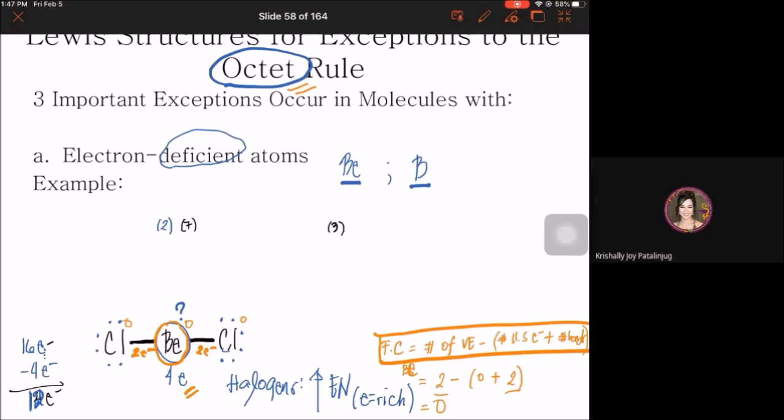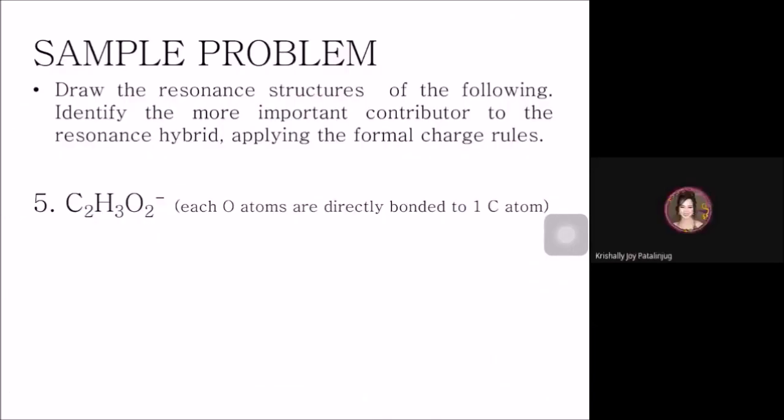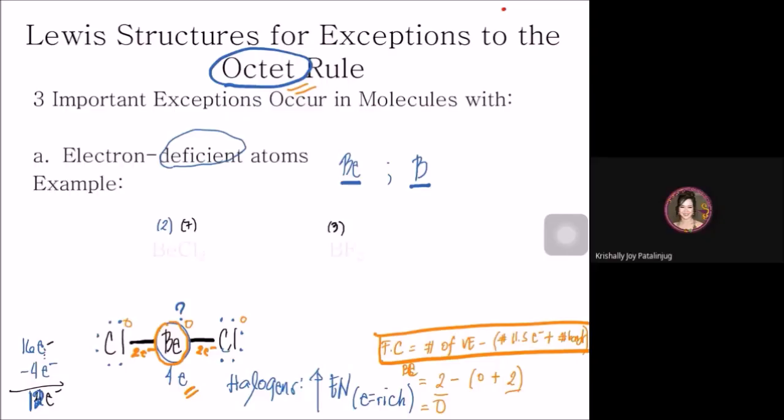I-check ko ha, para sure. Yes, ma'am. Sige, very good. Nasa group 3. Okay, so it has a valence of 3. And then fluorine, the same with chlorine, so 7. Okay, so 21 for fluorine plus 3, total of 24 valence electrons.